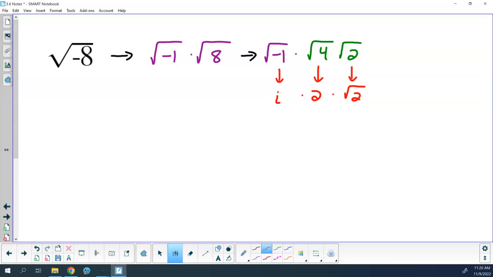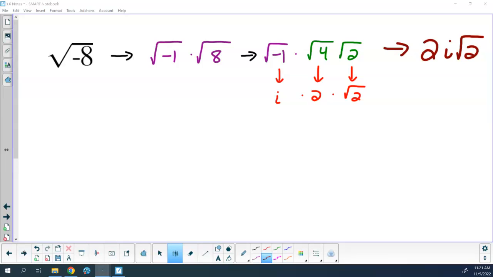Now, if a number is free on the outside, it can be multiplied with other numbers that are on the outside. If a number is still locked up, it can only get multiplied with other numbers that are still locked up. So the final solution, or the simplified version, is 2i square root of 2.